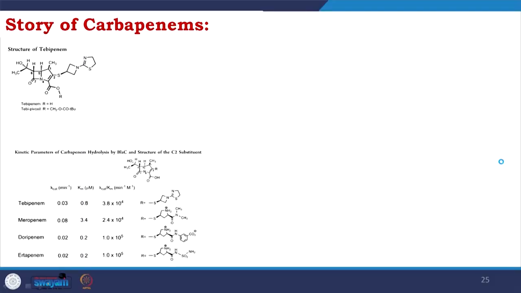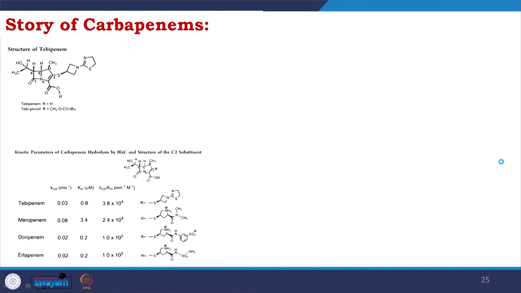Another story is about carbapenem, a novel carbapenem, a new carbapenem which is called tebipenem. Carbapenems have a very interesting story. If you look at them, they have changes in structure.